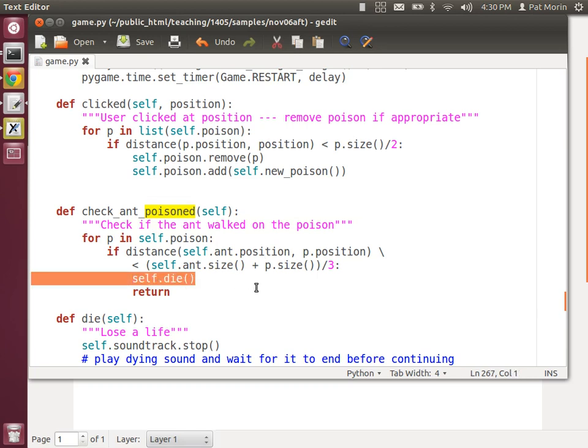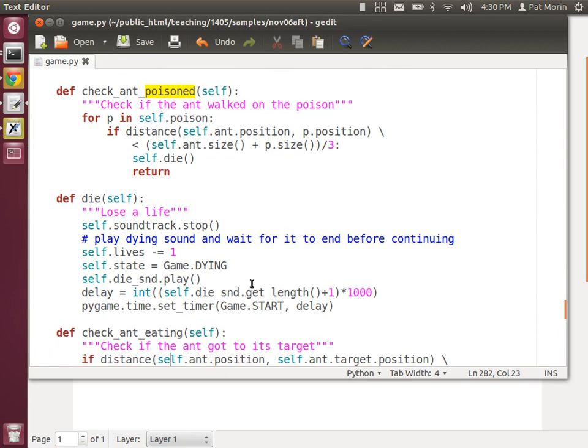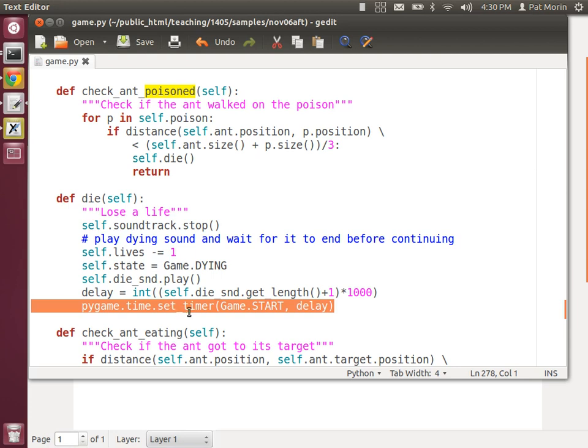As we play for a while, one of the things we check is if the ant has been poisoned. If it is, we call this function called self.die. If we look at what die does, the music stops, the number of lives goes down by 1, we enter the dying state, we play the sound of the ant dying, which is that horrible choking sound, and now we actually set a timer.